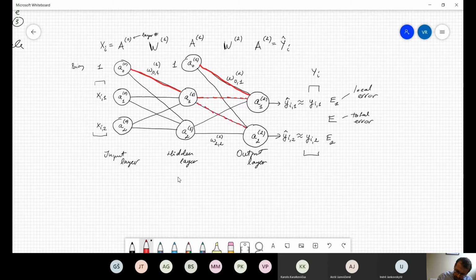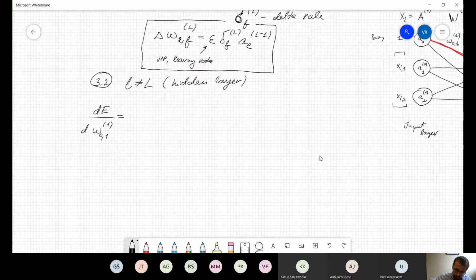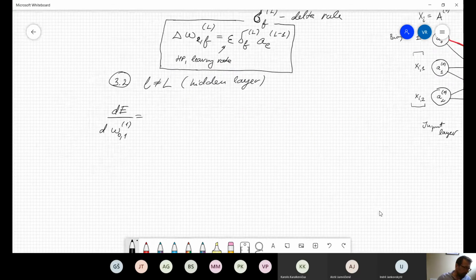So this connection requires that everything is accumulated. So basically, it is dependent on these two, right? Beforehand, it was dependent only on this guy. Okay.